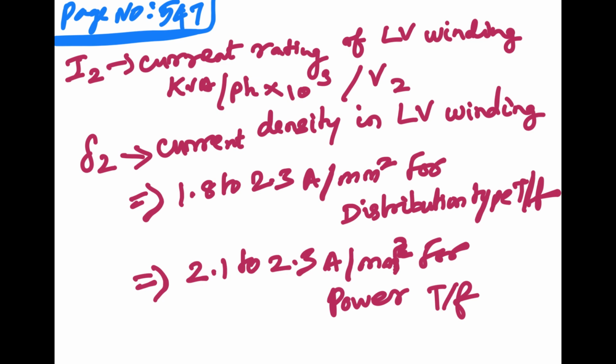Del 2 is the current density in LV winding, 1.8 to 2.3 ampere per millimeter square for distribution type transformer. Del 2 value is 2.1 to 2.3 ampere per millimeter square for power transformer.